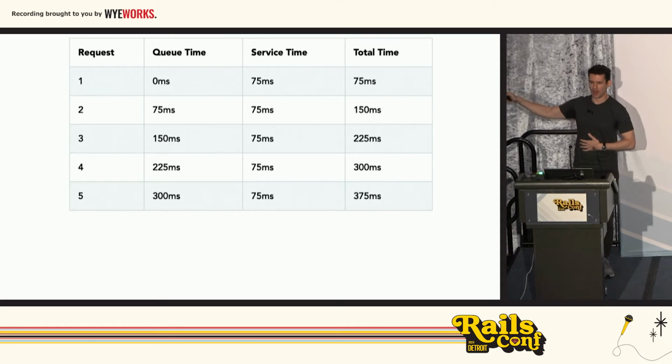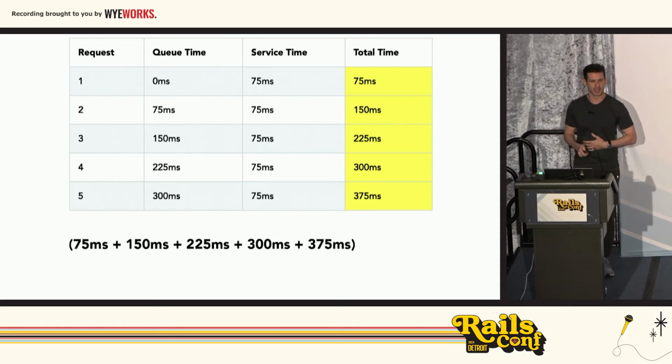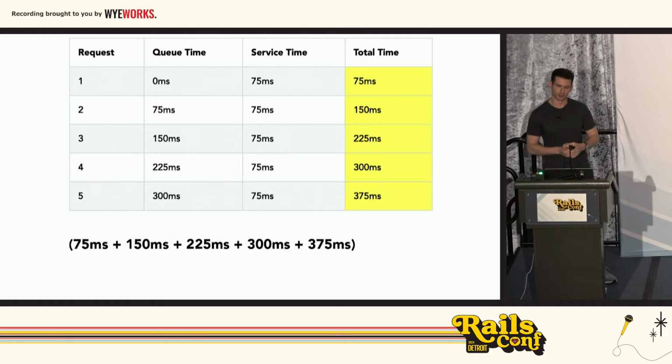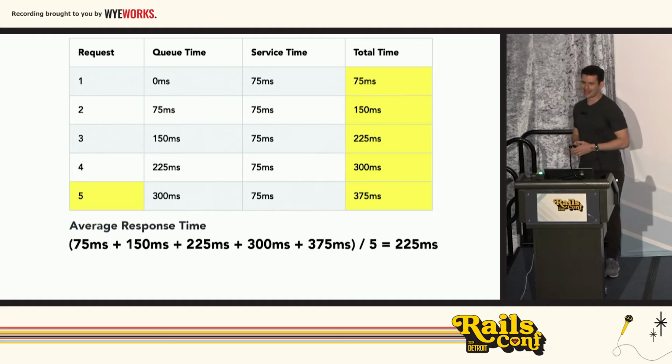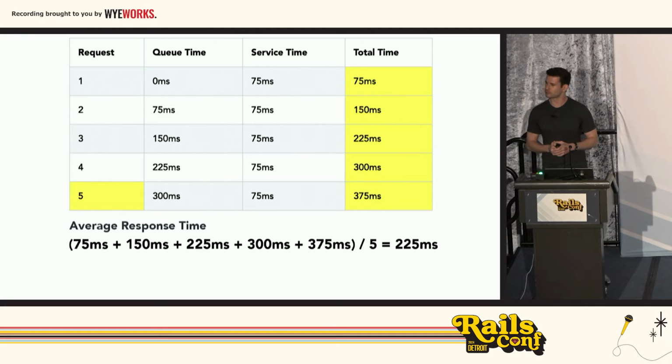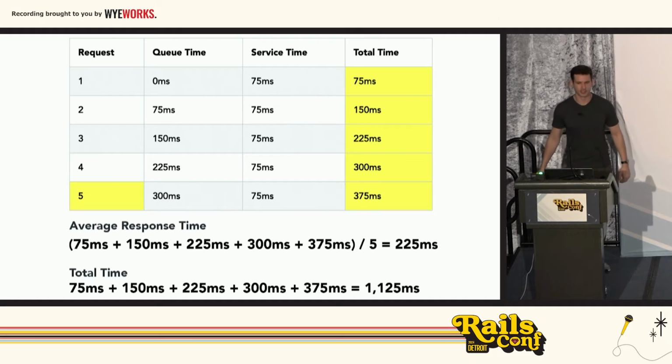And if we were to sum up all of the total response times and then divide by the number of requests that arrived in our 1 second window, we'd see that in this case here, our average response time is 225 milliseconds, which isn't terrible for an average response time, but our total time to process those 5 requests comes in at 1,125 milliseconds, or 125 milliseconds over 1 second in time.